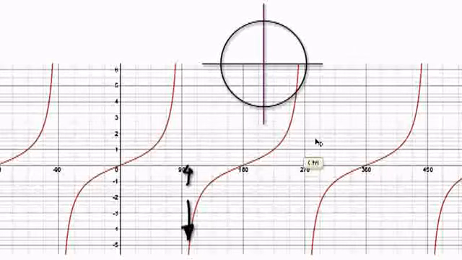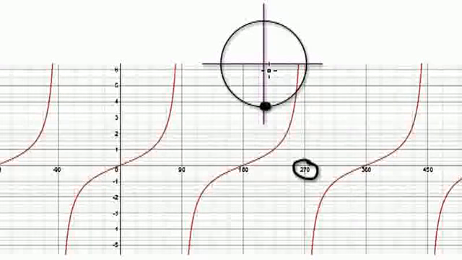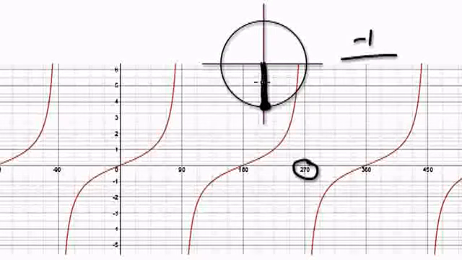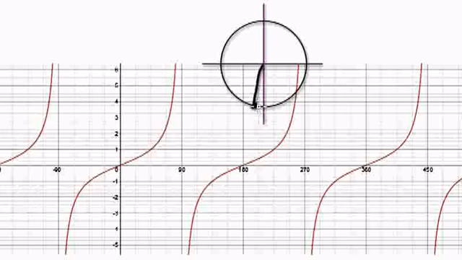Okay, and you can use the same argument for 270. 270 is here. You can't have it dead on 270 because you will have a scenario where you have the height, which is negative 1, divided by the across. The across in this case is 0. You can't have anything divided by 0. But you can, however, have something to the left and something to the right of it.